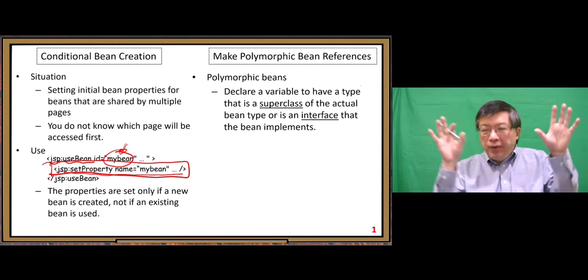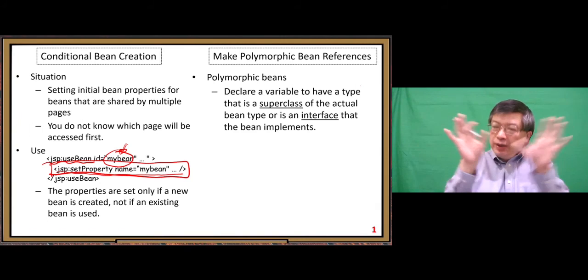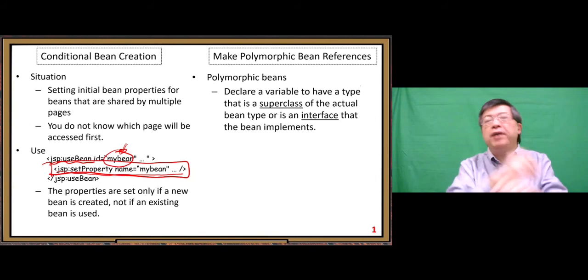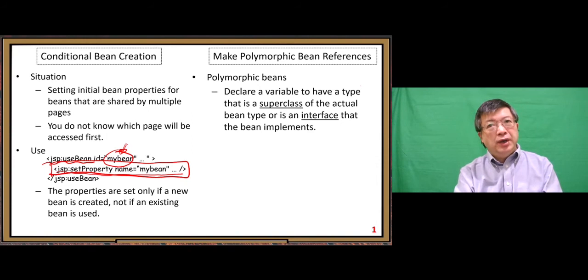So we put these two cases, not quite the same, but we want to handle them the same way. Otherwise, you need to use two different ways to handle them. Not very efficient.